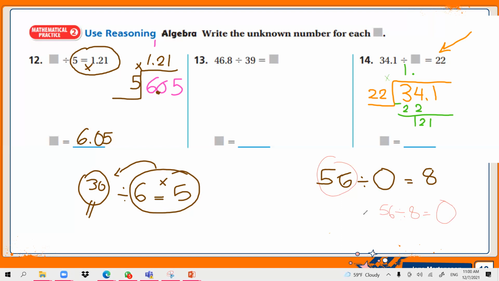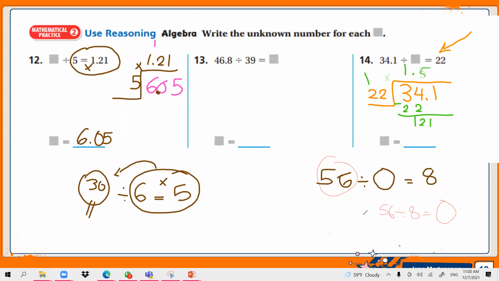Then 121 divided by 22. Yeah, try 6. 6 times 2, 12. Is it working? No. So let's try 5.